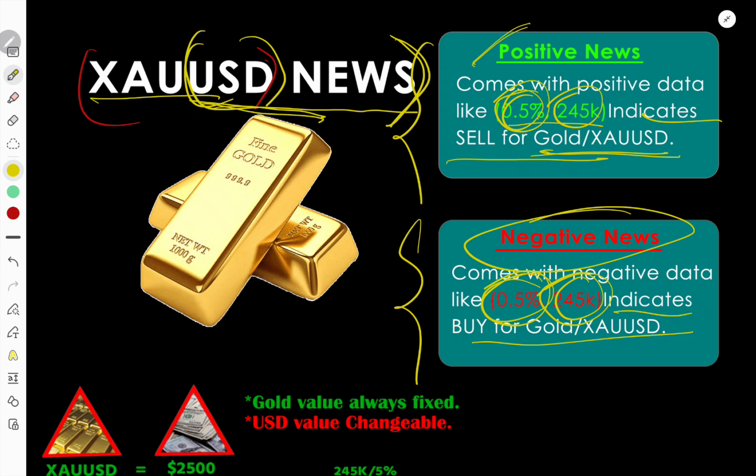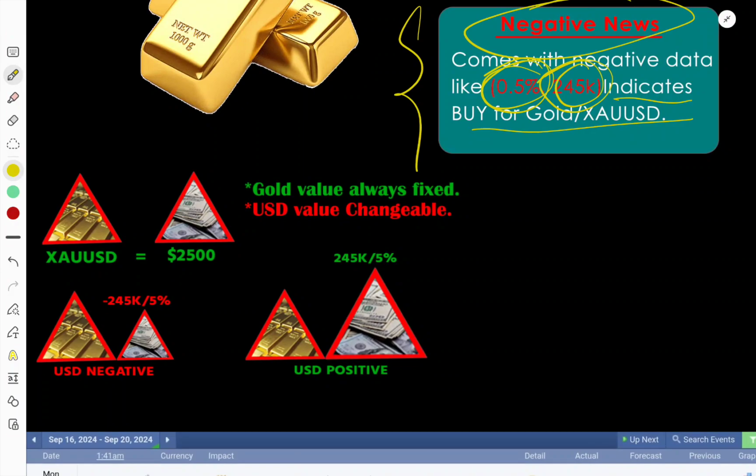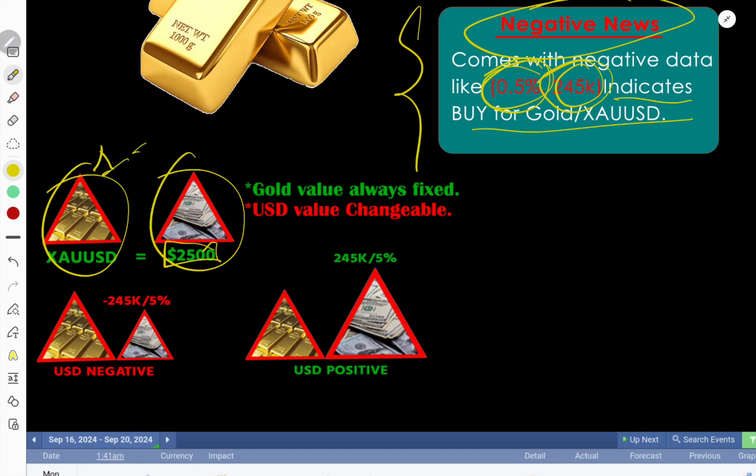So let's get down, and as you can see, suppose the gold price right now is around 2500 USD, and there is XAUUSD, and there is the dollar. One gold bar is equal to 2500 bucks.